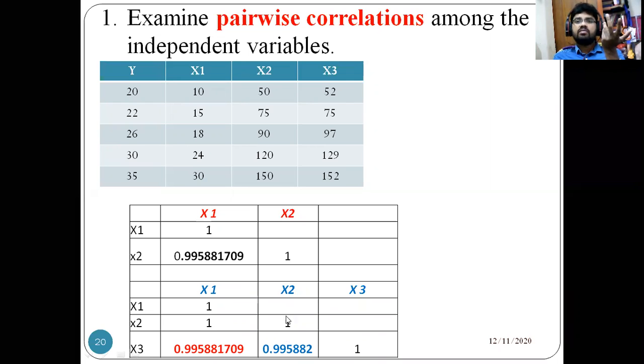For x2 and x3 you need to check like this, and the R value is again very high. So here also there is a perfect multicollinearity problem existing in the model. In that case, we can clearly observe that the model is suffering from multicollinearity. This is the pairwise correlation.